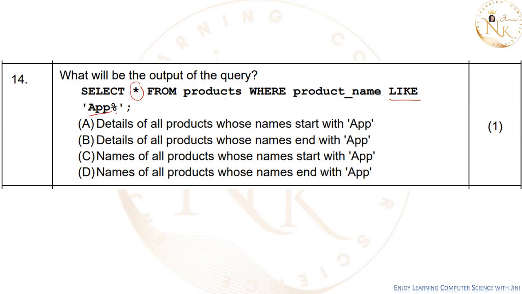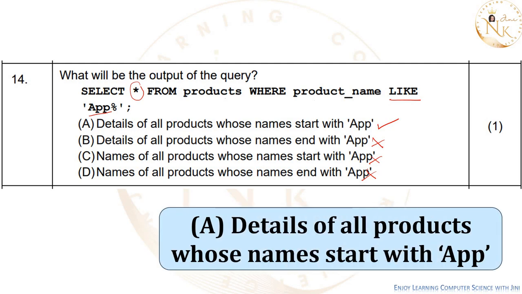Percentage means it can have n number of characters. It matches n number of characters, but the beginning should be APP. So what will be the answer? Details of all products whose names start with app. Correct. Details of all products whose names end with app? No. Names of all products? No. All the details should be displayed. So your answer is option A.